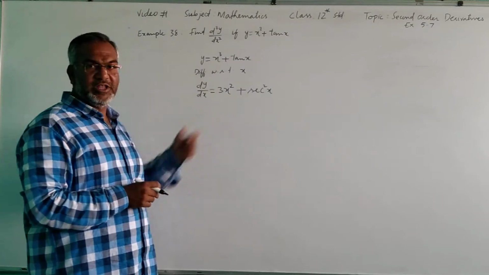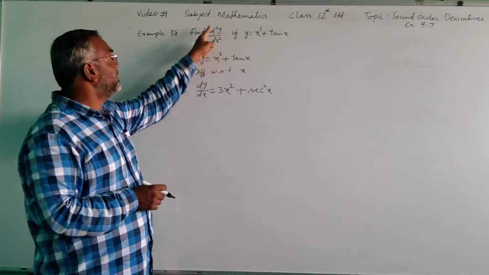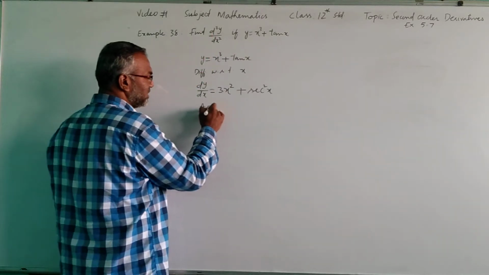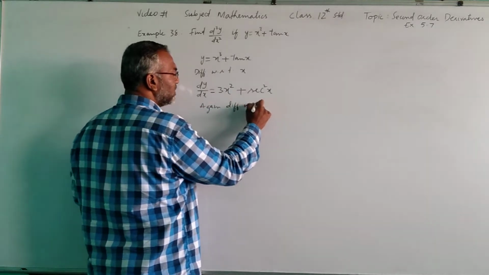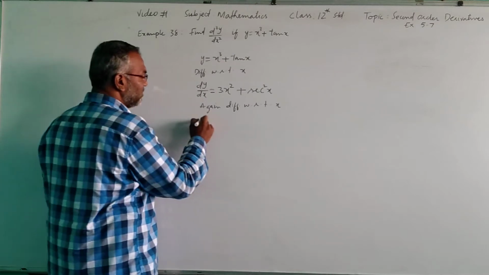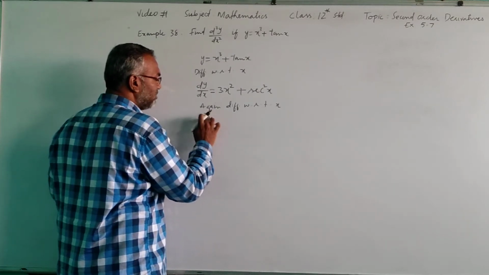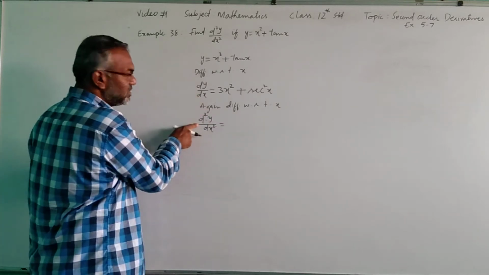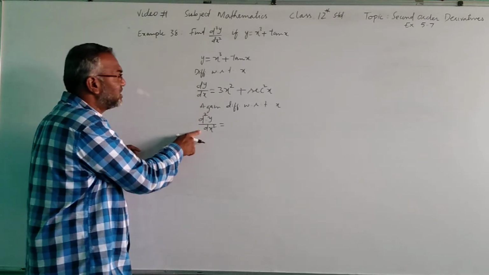This is the first order derivative, but we have to differentiate again because we have to get d square y by dx square, the second order derivative. So again differentiate with respect to x. That will become d square y by dx square. dy by dx becomes d square y by dx square. First order derivative becomes second order derivative.